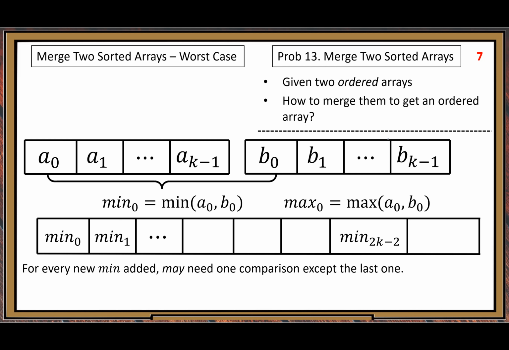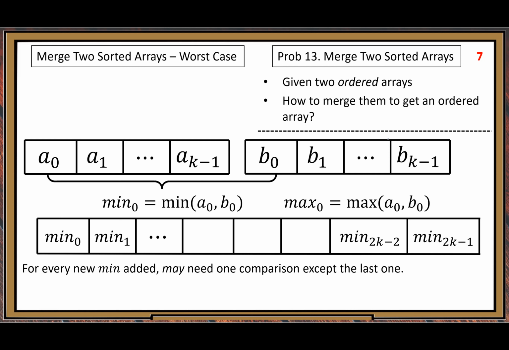After that, we get the whole array sorted. So let's look at how many comparisons we need to merge these two ordered subarrays. Each comparison will place one element in place, but for the last one we do not need any comparison.